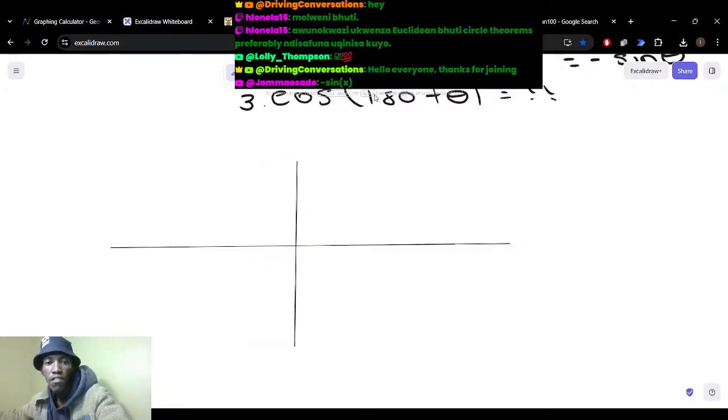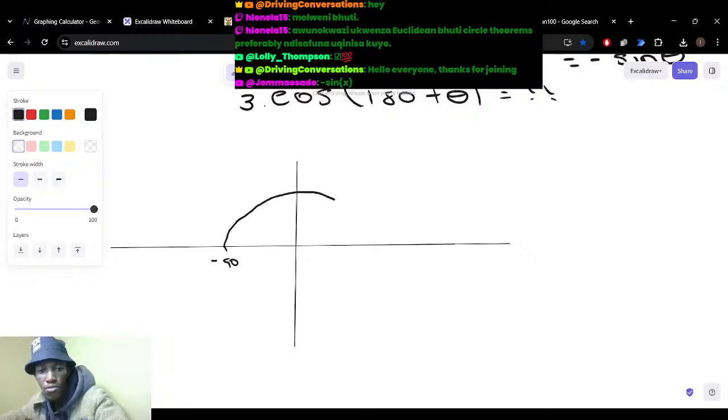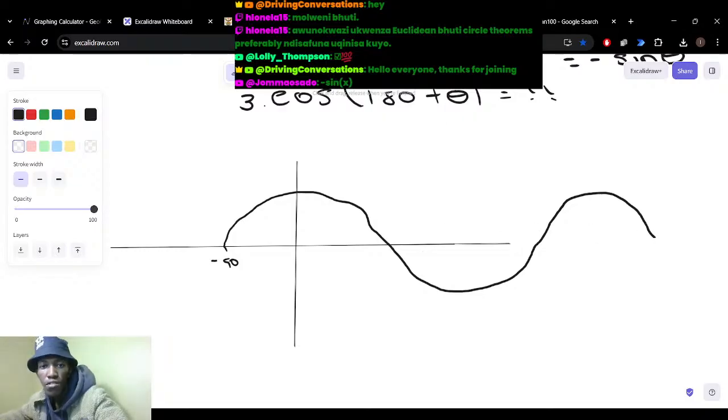Then we draw cos theta. So let's start somewhere here. So this is negative 90, right? So it goes cos somewhere like this. Then it goes on and on.